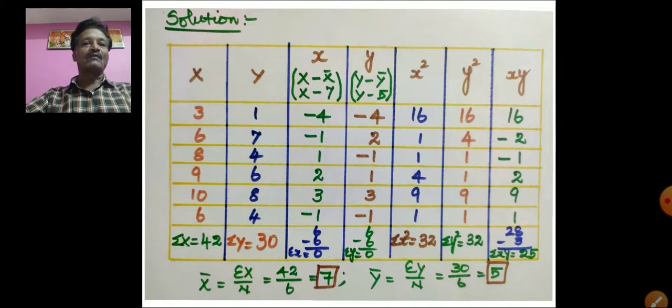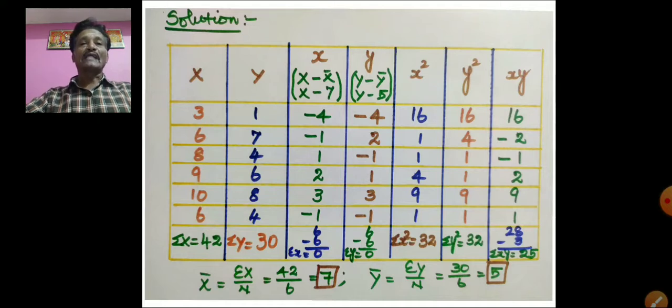Now what we have to do is add all the positive values separately and add all the negative values separately and take the deviation. The total of all the positive values is 28 and the negative values is 3. So 28 minus 3 is equal to 25. So sigma small xy is equal to 25.